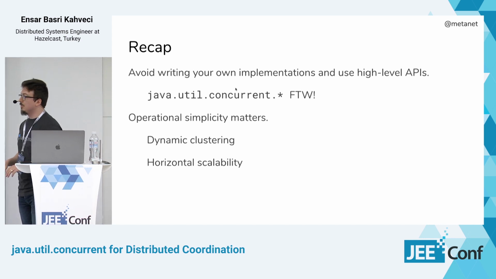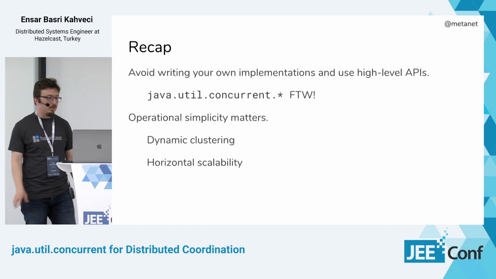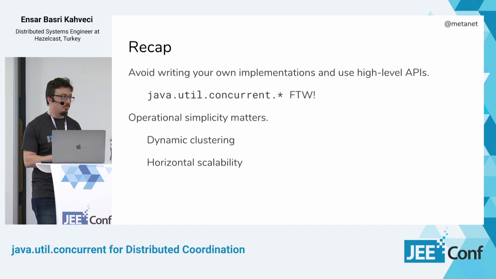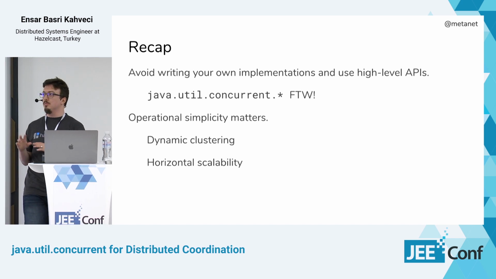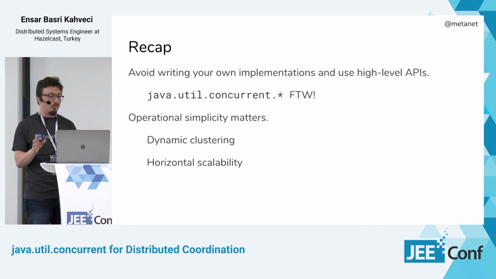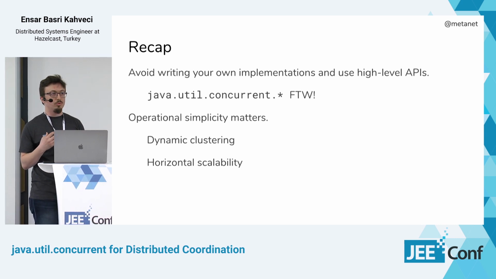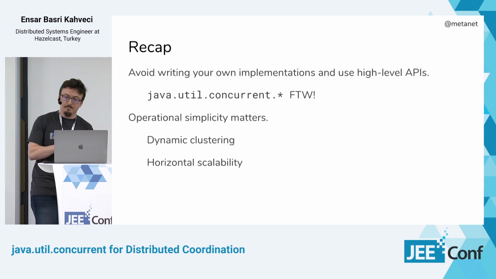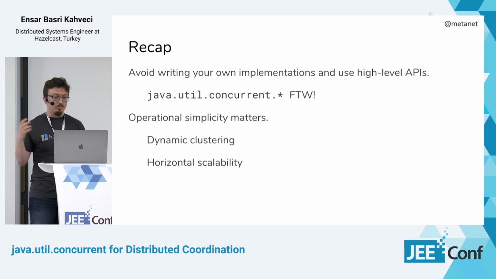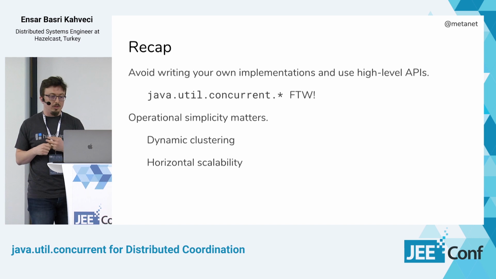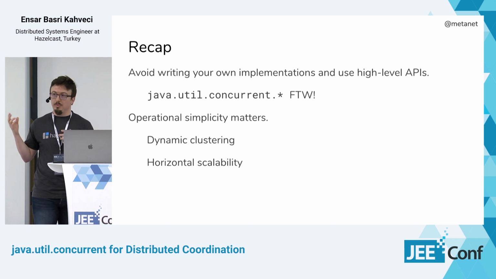So to recap our discussion, again, I will say that, do not write your own distributed locking algorithms, distributed coordination algorithms, try to avoid it as much as possible. And it would be much better if you use high-level and familiar APIs that hide complexities of all of this stuff. And in this session, I mostly focused on the API part.